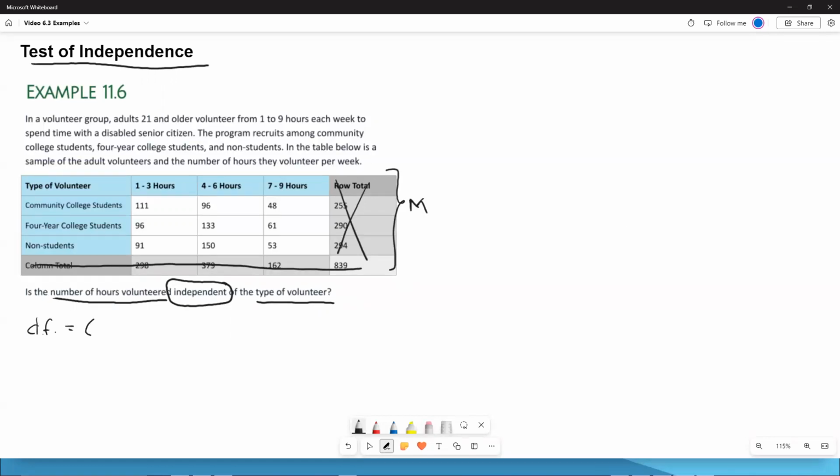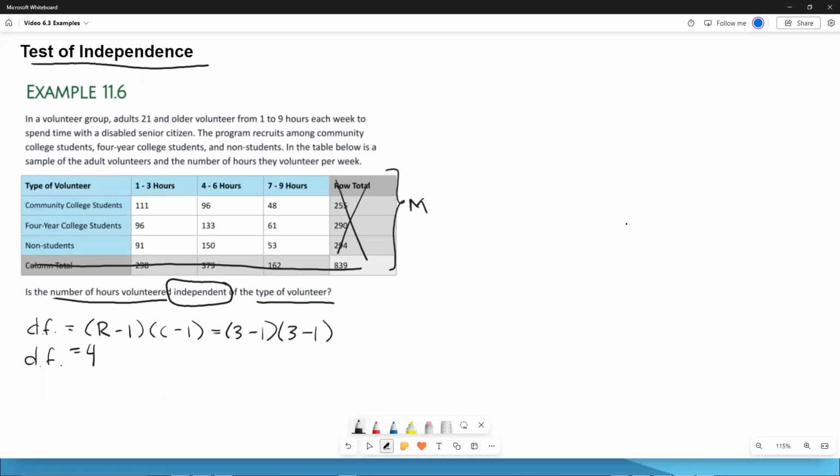And we know that that's rows minus 1 times columns minus 1. So in this case, we have 3 rows, 3 types of volunteers, and we have 3 columns, 3 different hour brackets. 3 minus 1 is 2, 2 times 2 is 4. So for this test, our degrees of freedom is 4.